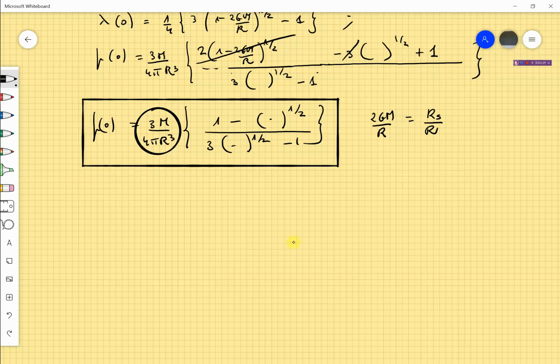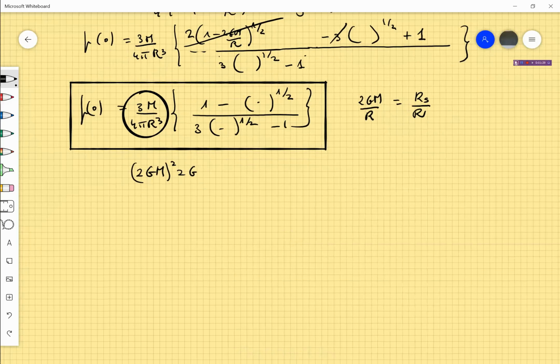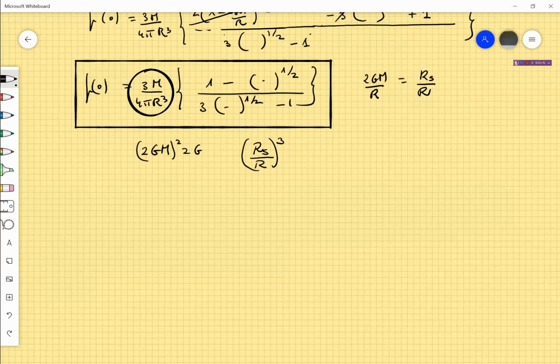So we can write, we multiply by 2G squared and 2G and divide by the same. So this is some overall factor that depends on the mass, and we get a factor of r_s divided by r cubed in front of this whole equation. Okay, so the natural variable, or the thing that we should study, is how this changes the radius relative to the Schwarzschild radius.